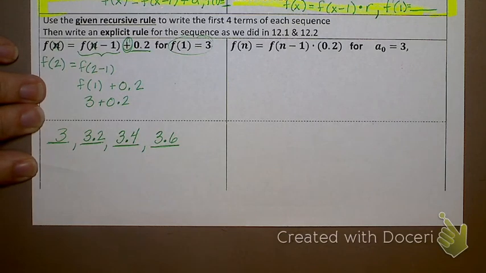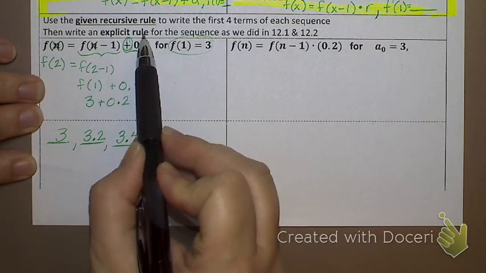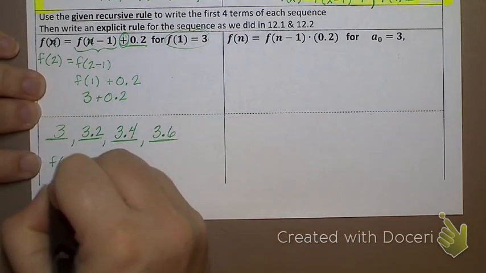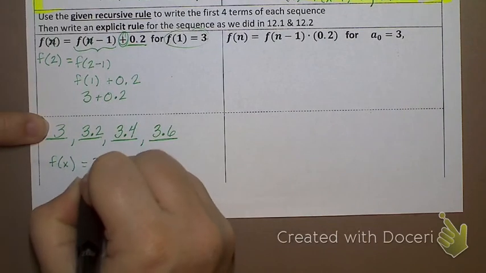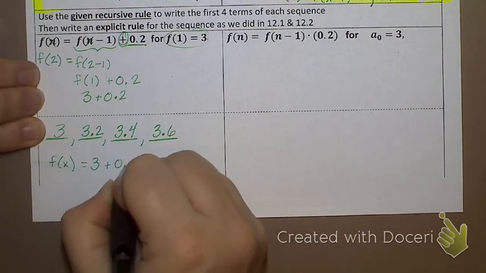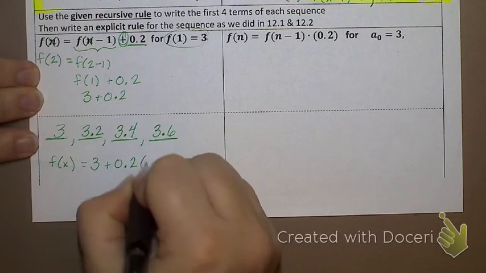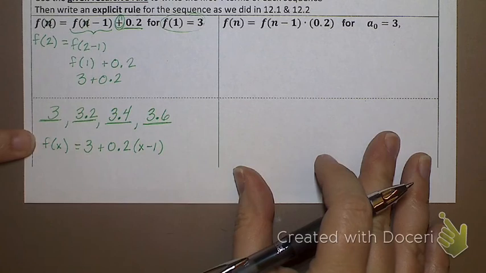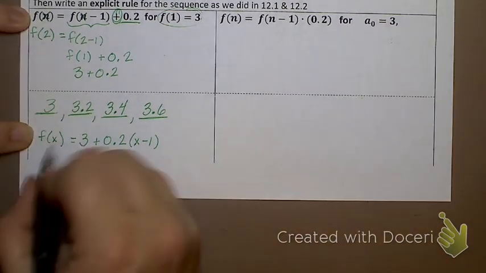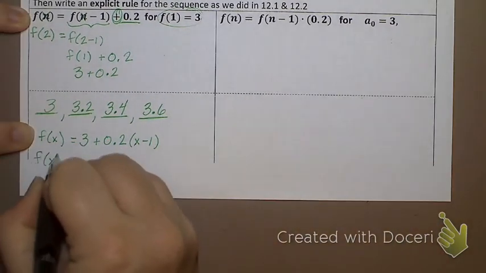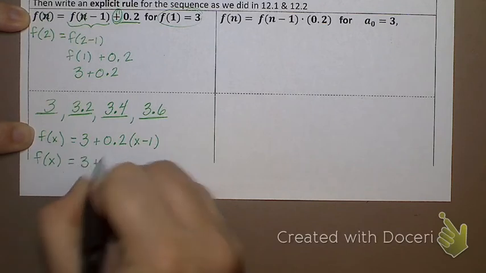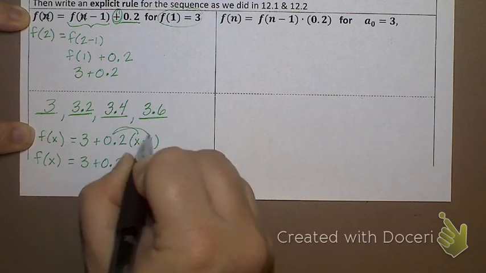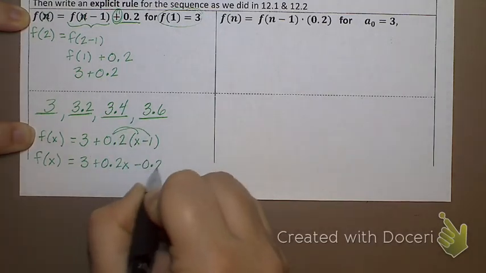Then it asks me to do what? Write an explicit rule for the sequence. So let's see. f of x, my explicit rule is the first term plus my d value. My d value is 0.2 times x minus 1. Now, some of you on your quiz, by the way, left your answer there. We have to keep going. 3 plus 0.2x minus 0.2.